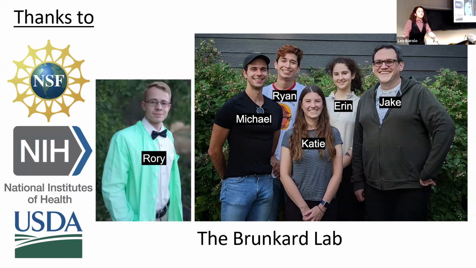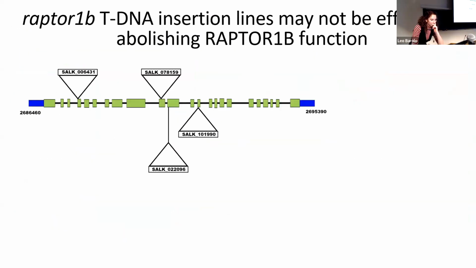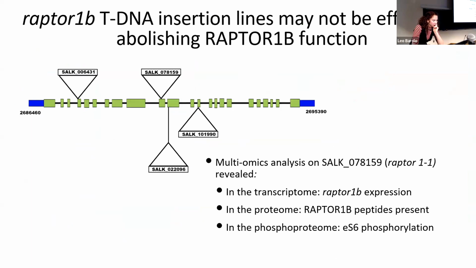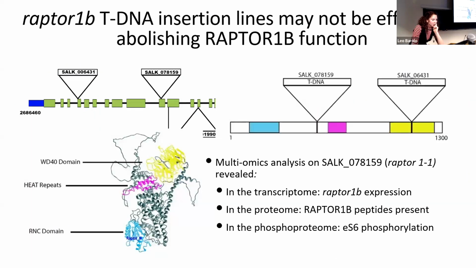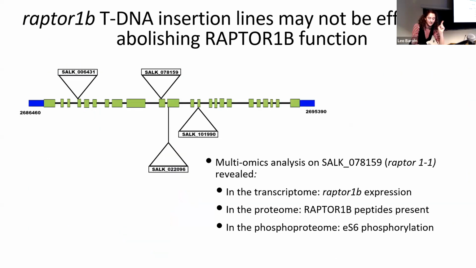Great talk. I had a question about the map you showed with the 4 different Raptor DNA insertions. For the people that published their papers in 2005, do you know which one was the lethal one? Yeah, I do know, and I have it written down. It's the ones that aren't on here, because when I made this figure, I didn't put them on.